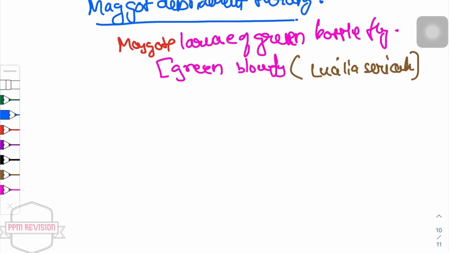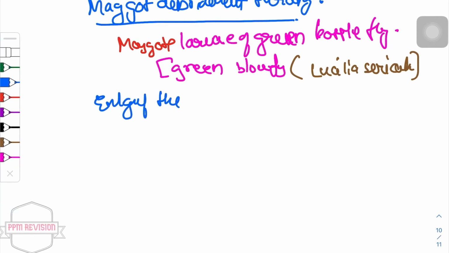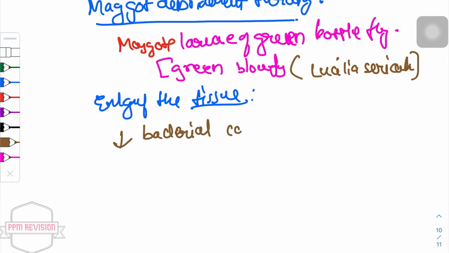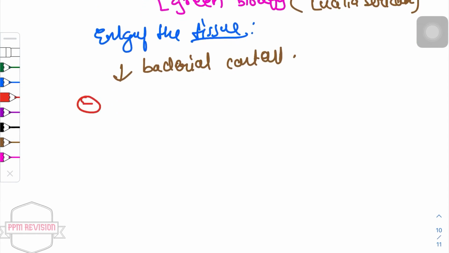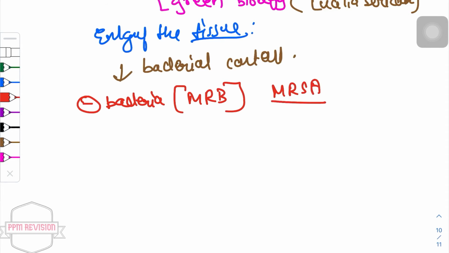What is to be known is that they act by dissolving and engulfing the tissue, and they reduce the bacterial content of the wound. They inhibit bacteria such as the methicillin resistant bacteria, including MRSA, methicillin resistant Staph aureus, and anaerobic and aerobic bacteria.